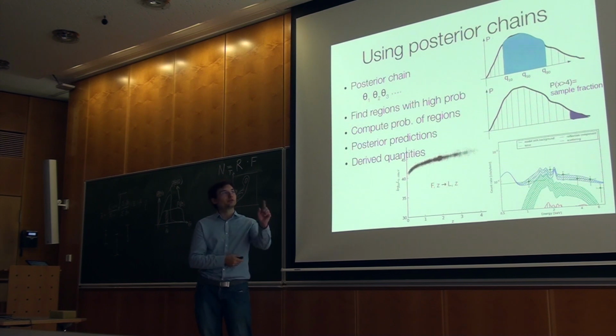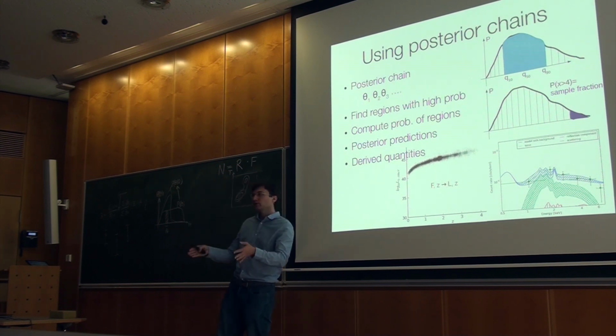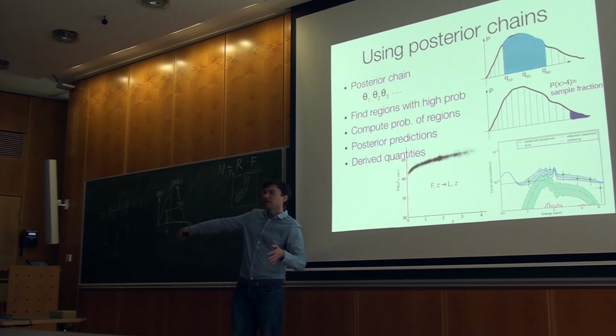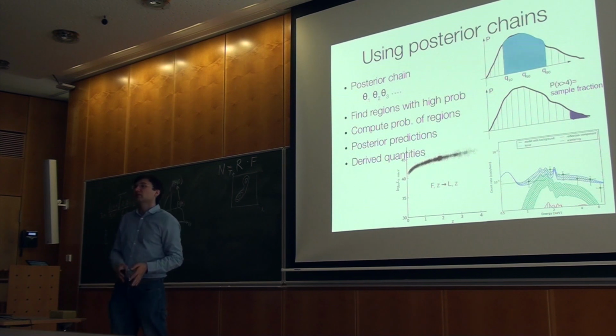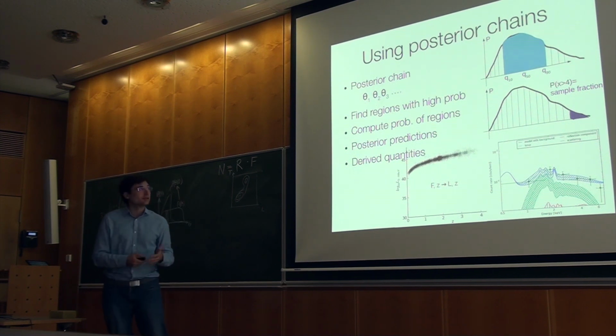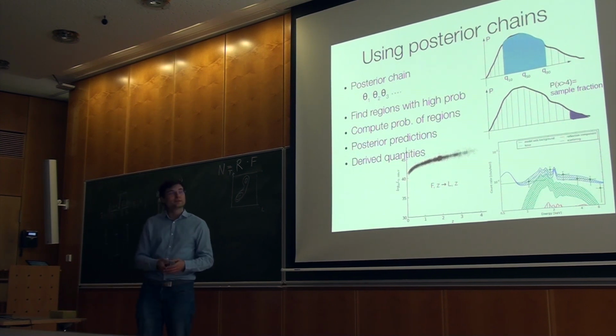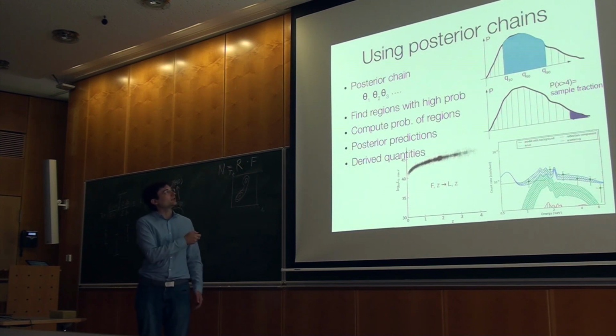For each parameter, you can sort them, throw away the lower 5% and the higher 5%, and the middle part will be 90% of the places that you visited, which is 90% of the probability that is in the posterior. So you can find regions with the highest probability.